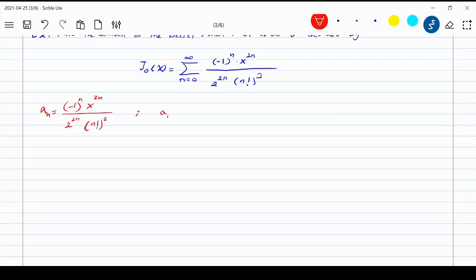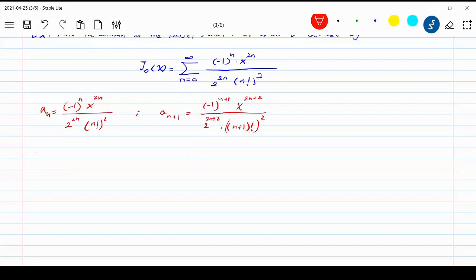And what is a_{n+1}? a_{n+1} would be negative 1 to the power n plus 1, x to the power 2n plus 2. Be careful with that: I'm replacing n with n plus 1, and distributing the 2 gives us 2n plus 2. And you get 2 to the power 2n plus 2, times n plus 1 factorial, the whole thing squared.